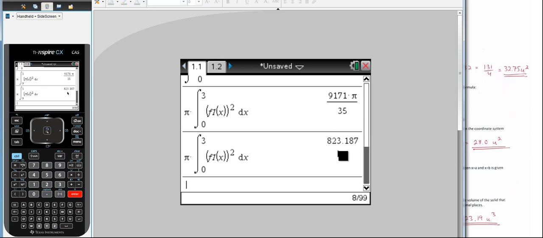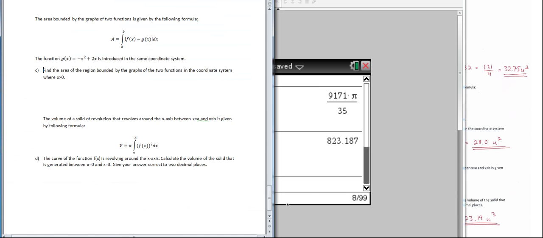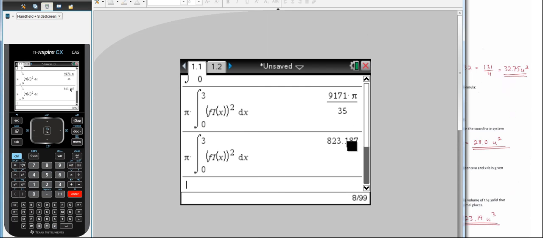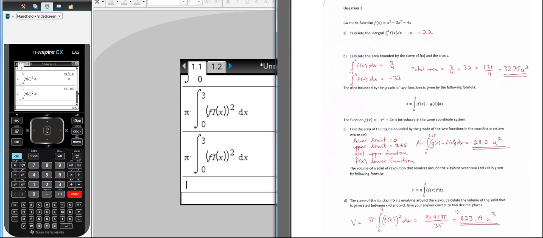This is 823.187. They wanted 2 decimal places, so it's going to be 19 because we have a 7 here. So 823.19, and since it's a volume, we don't know if it's centimeters or decimeters or meters. We're just going to write unit cubed, or unit to the power of 3.